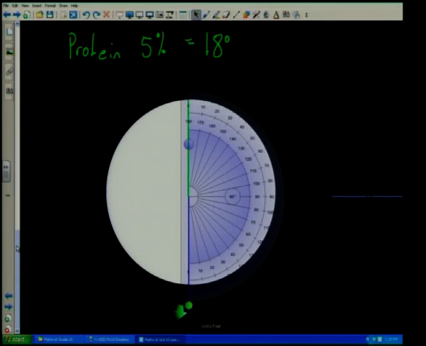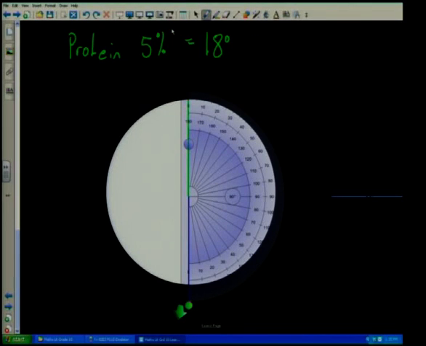Right, now my problem is I need 216 degrees and my protractor only takes me up to 180. So what am I going to do? I'm going to make a note and a mark where 180 is. So I'm going to mark this 180, and then I'm going to actually finish my line.